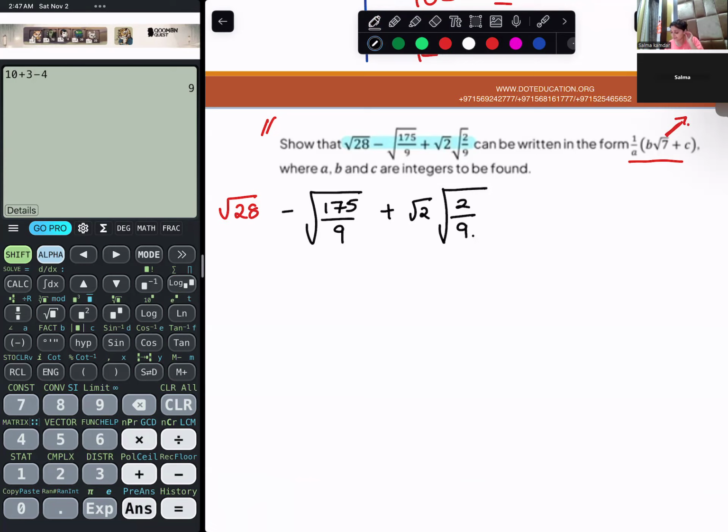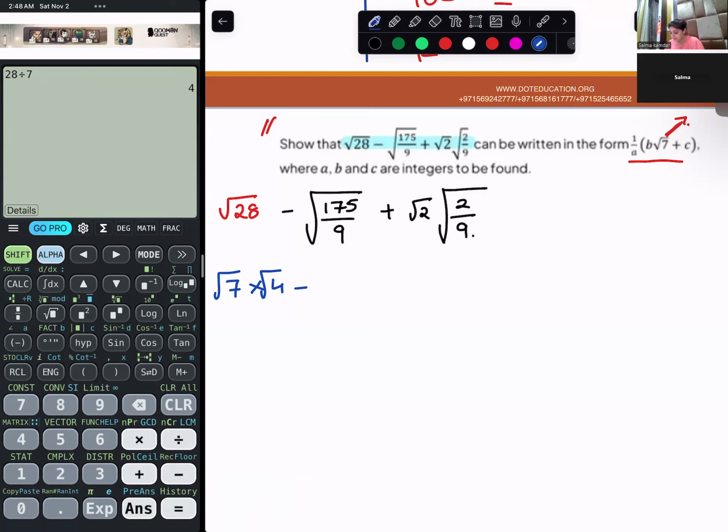Okay, let's see this. 28, break it into factor pairs of 28. So 28 divided by 7, that means 7 fours are 28, and this I will put in root. You try to break it in root 7.